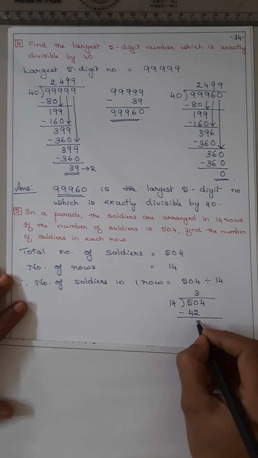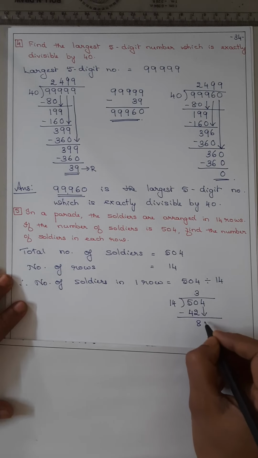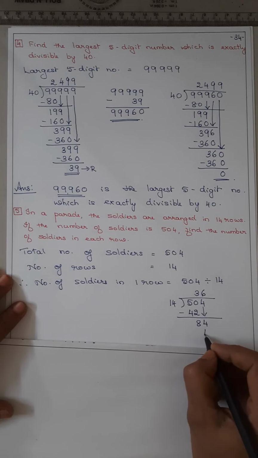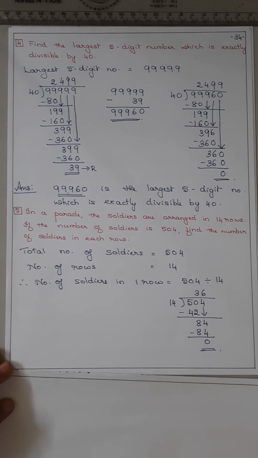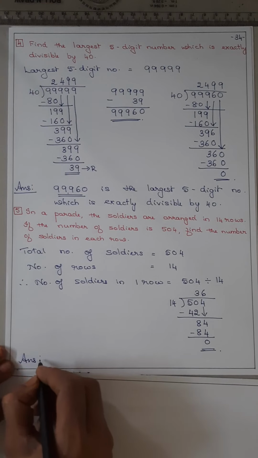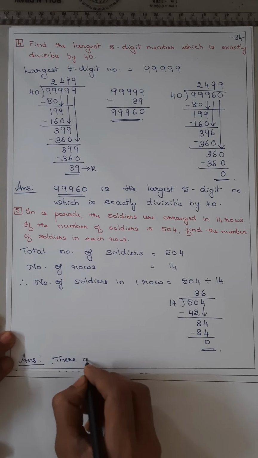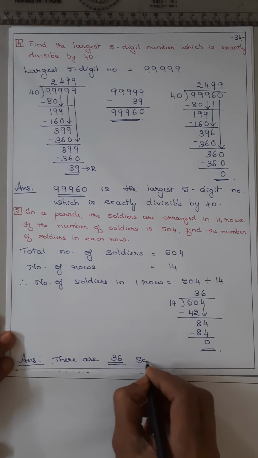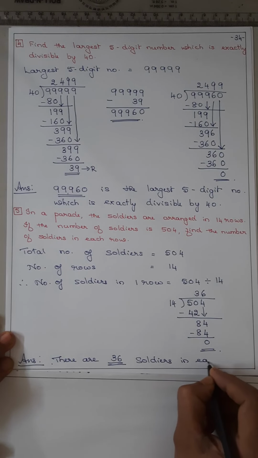It is 10 minus 2, 8. 4 minus 4, 0. Bring 4 down. 6 4s are 24, 6 1s are 6, 7, 8. So answer, what is the quotient? 36. There are 36 soldiers in each row.